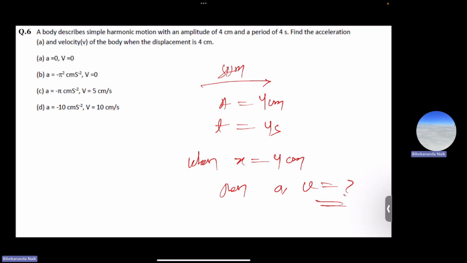These are the options. Option A, A equals 0, V equals 0. Option B, A equals minus pi square, V equals 0. Option C, A equals minus pi, V equals 5 centimeter per second. Option D, A equals minus 10, V equals 10 centimeter per second. I'll give you a few minutes to solve it and then we will discuss.